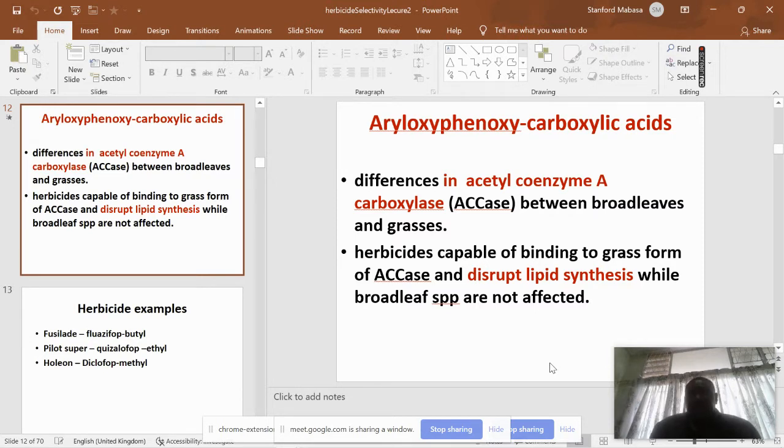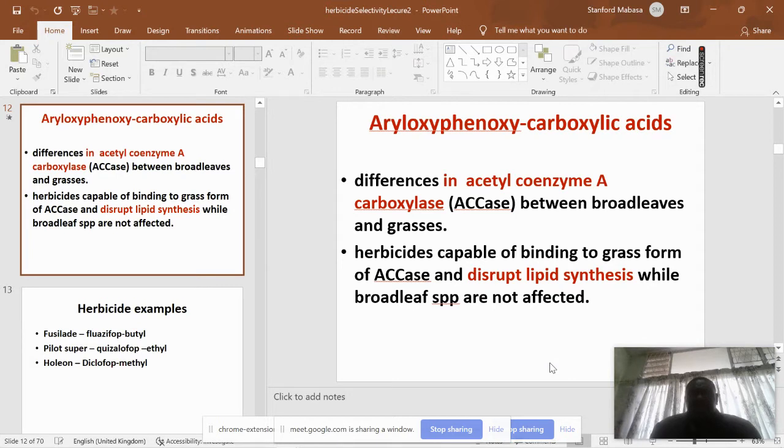Now the differences in the structure of acetyl coenzyme A carboxylase in broadleaves and grasses can bring about selectivity. Now in our grasses, there's going to be a successful union of the enzyme and the herbicide.